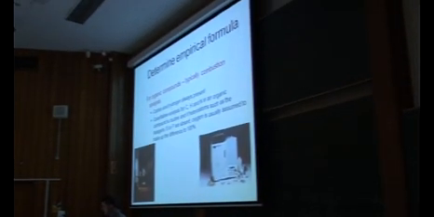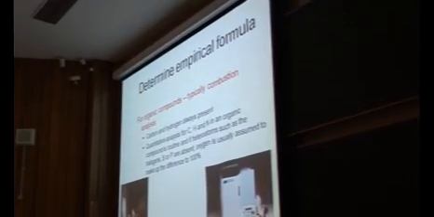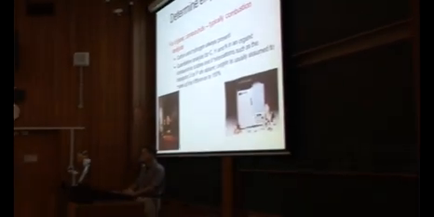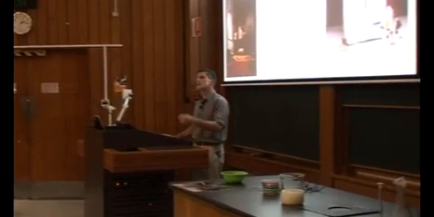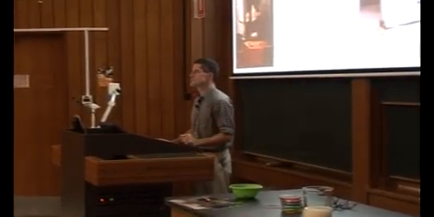Nowadays the analysis is done by a machine, and all you have to do is weigh in the sample and the computer does the rest. For organic compounds, and I'll give you an example of those in one moment, carbon and hydrogen are always present, and nitrogen is quite often present, but then so is oxygen.